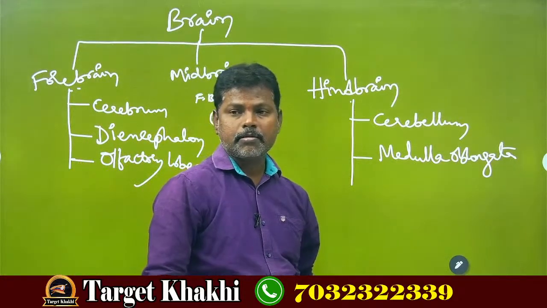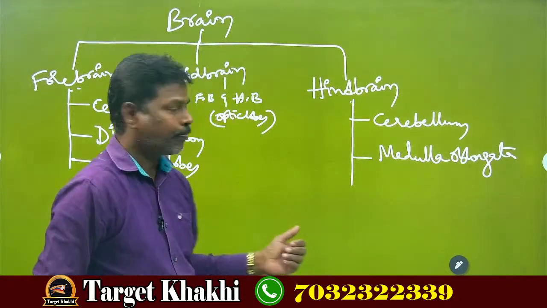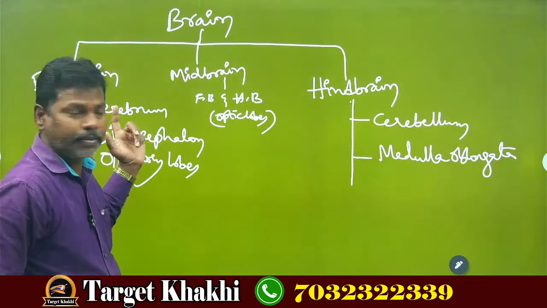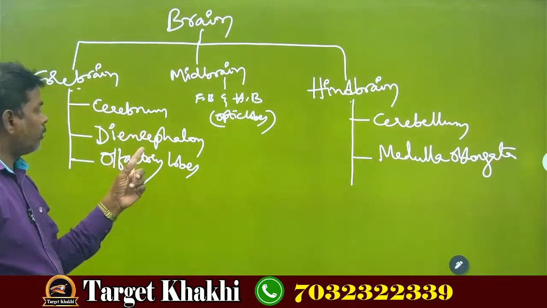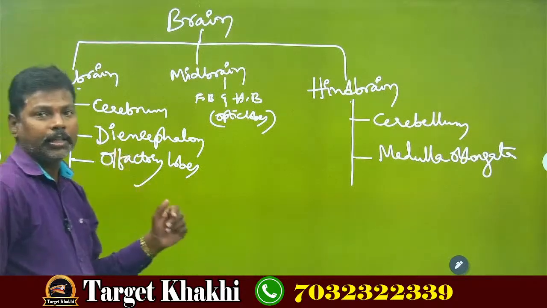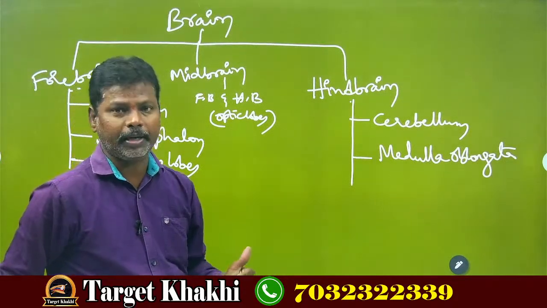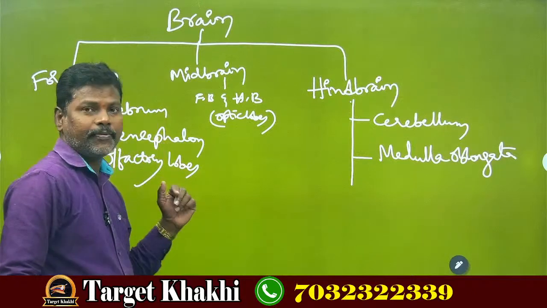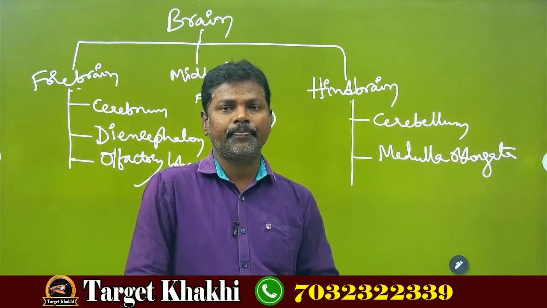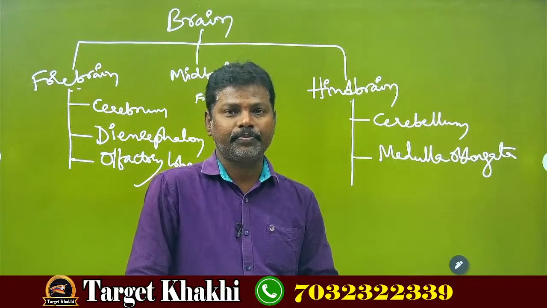Okay children, now look at the board here. Forebrain contains cerebrum, diencephalon, olfactory lobes. What is cerebrum again? The largest part of the brain. Next, diencephalon. The rhomboidal shape present in the brain is called diencephalon.